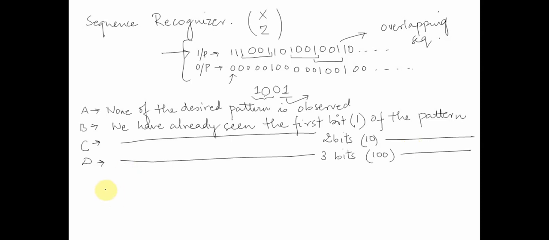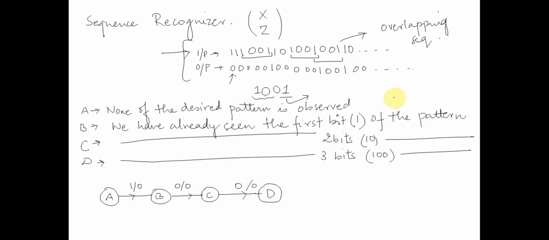We can simply say that to begin with, the system is in the state where none of the pattern is observed. After that, if 1 comes, the system will move to state B with an output 0. If 0 comes, the system will move to state C with 0 output. If again 0 comes, the system will move to state D with 0 output.